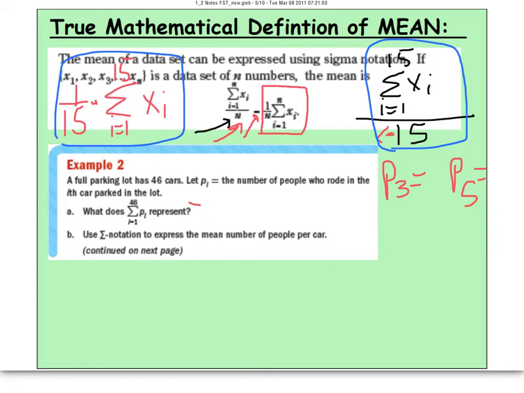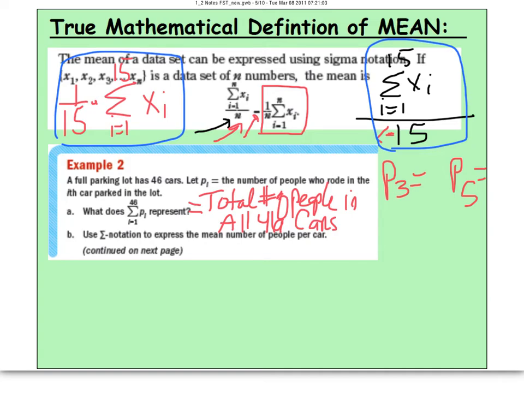So what that represents is the total number of people in all 46 cars. Now they want us to use sigma notation to find the mean number of people per car.